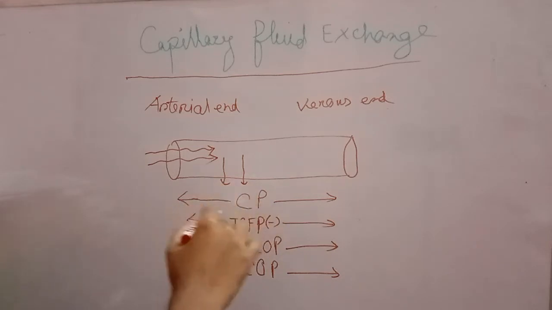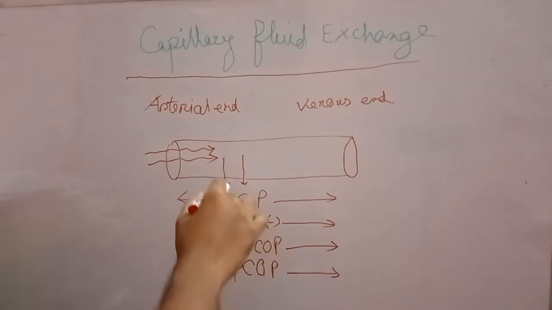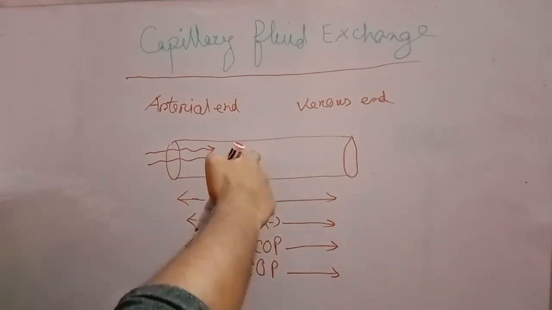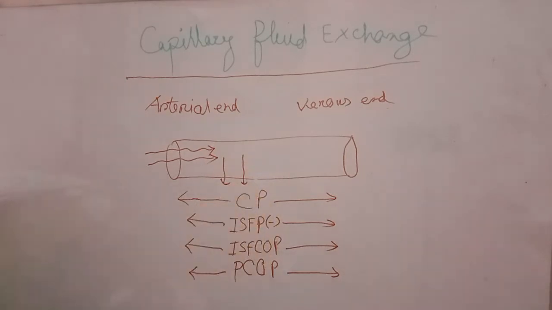This force by which the plasma is trying to move outward is called capillary pressure, as well as hydrostatic pressure. The reason for this capillary pressure or hydrostatic pressure is the force of gravity.